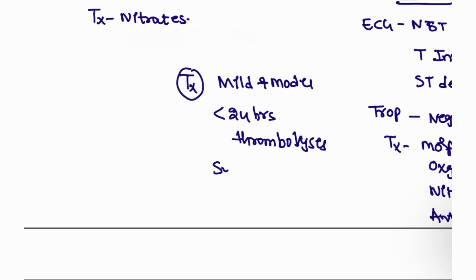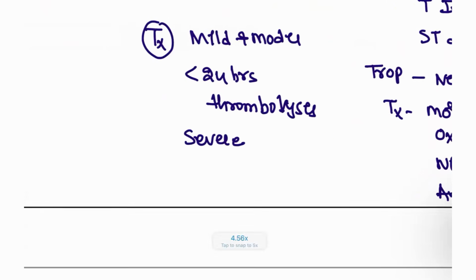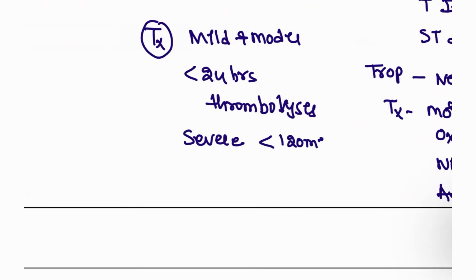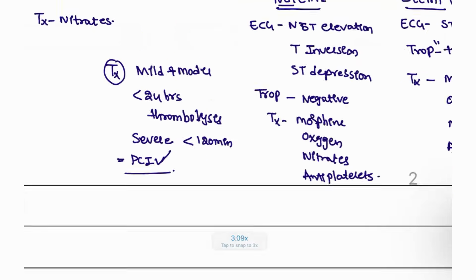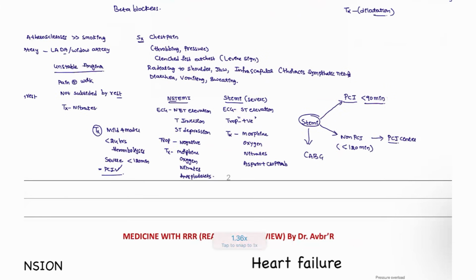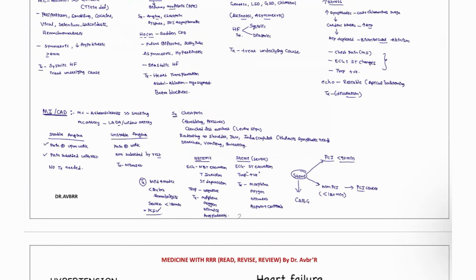But if the patient is severe, then again less than 120 minutes, you have to reach the PCI intervention as soon as possible. So this is the myocardial infarction and its treatment protocol.